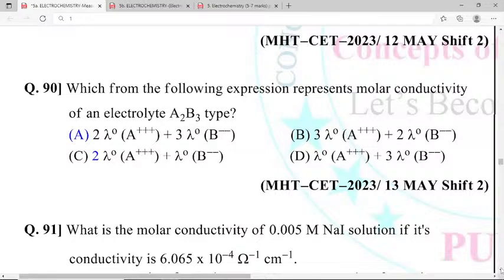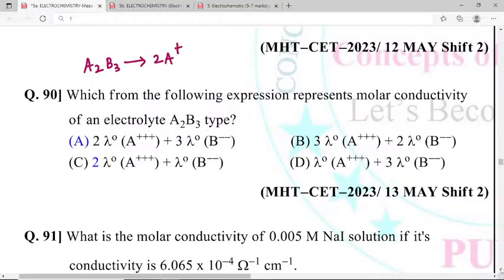Which of the following expressions contains an A2B3 type? So A2B3: the 2 gives twice A, with some charge plus, and thrice B, with charge minus, in this way.